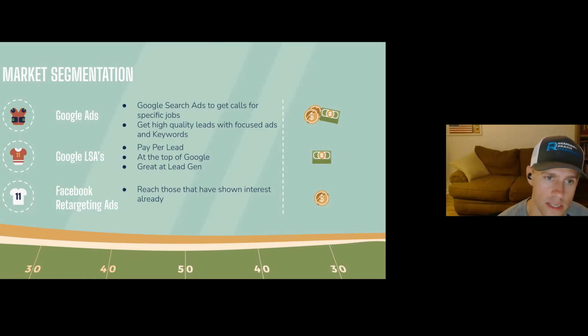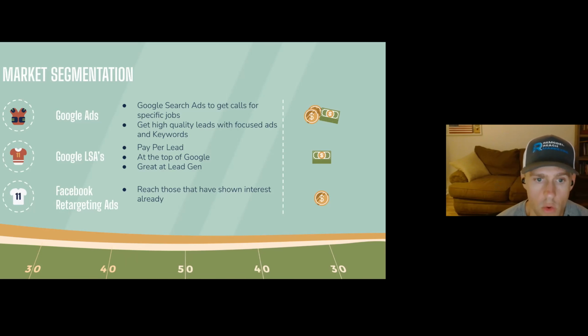Now, the only downside to local services is that they are typically a lower quality lead. They can bring in a large amount of leads, and sometimes they are good, but they can be sort of a time waster, not necessarily a full-on time waster, but they are good at generating leads and generating calls.